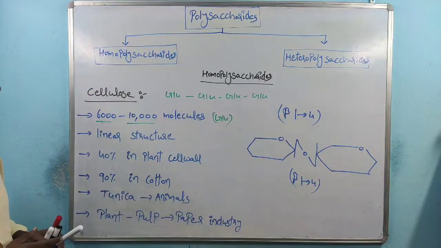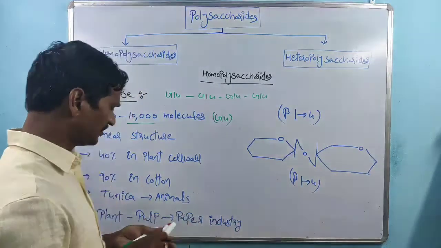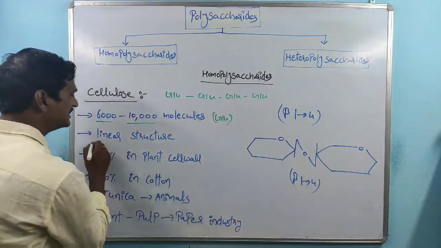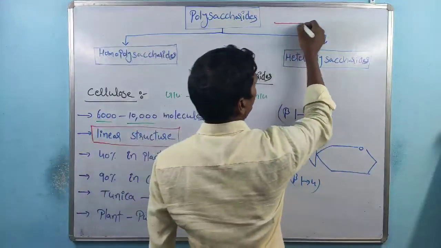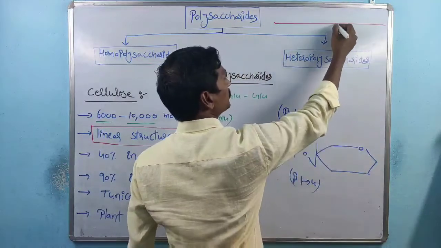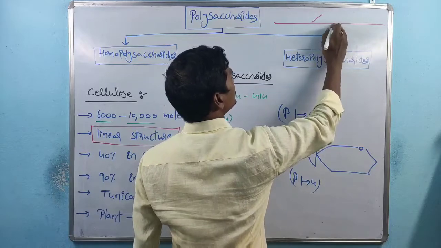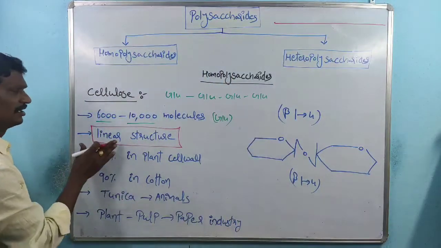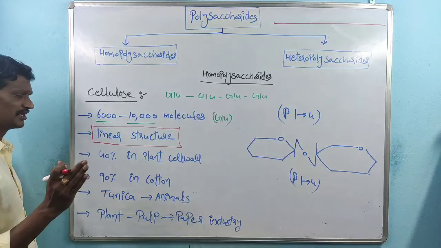That beta 1,4 linkage is seen in the cellulose structure, and the very important point of cellulose is the linear structure. Cellulose always forms the linear structure like this. There are no branches. Within the cellulose, the branches are absent. So cellulose forms the linear structure only, right?